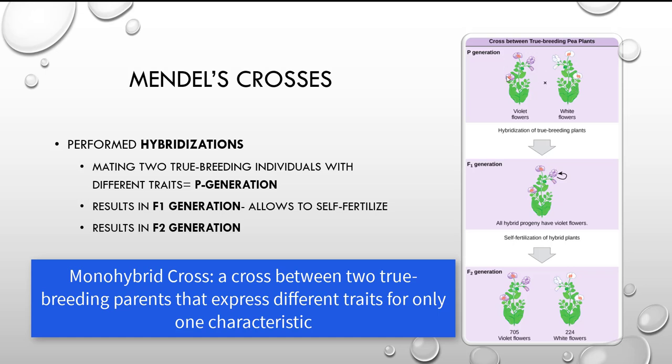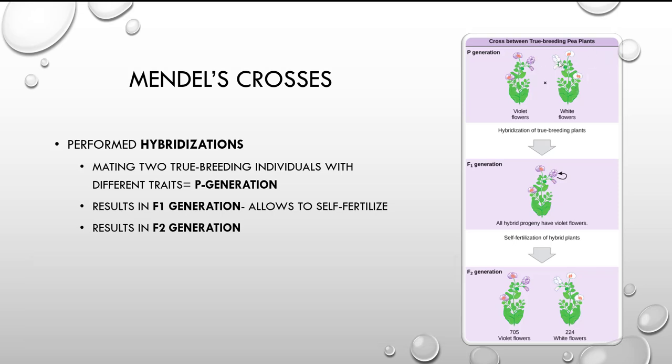This violet flower plant, if it self-fertilized, would always produce violet flowers. He would take the pollen of this flower and fertilize the ovules of this flower. He would cut off the pollen of this flower so that it can't fertilize itself, so he would cross pollinate it, and vice versa.